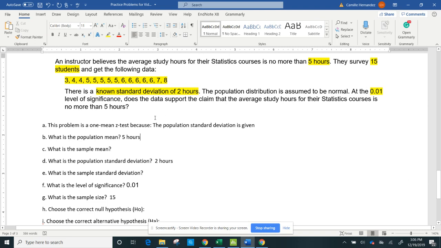And it says they believe no more. Okay. So a lot of people get stuck on the wording of this. There is a sheet under hypothesis testing that gives you all the scenarios and how to put stuff. So think about it this way.